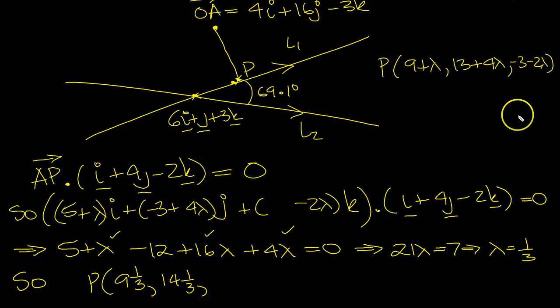And the minus 3 minus 2 lambda is minus 3 minus 2 thirds. Minus 9 thirds, minus 2 thirds is minus 11 thirds. Minus 3 and 2 thirds. So that looks like the coordinates of P exactly.